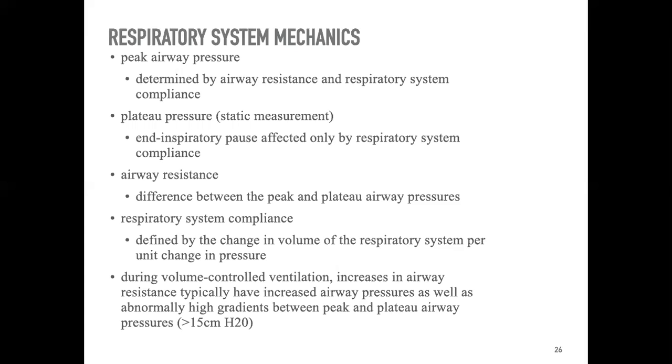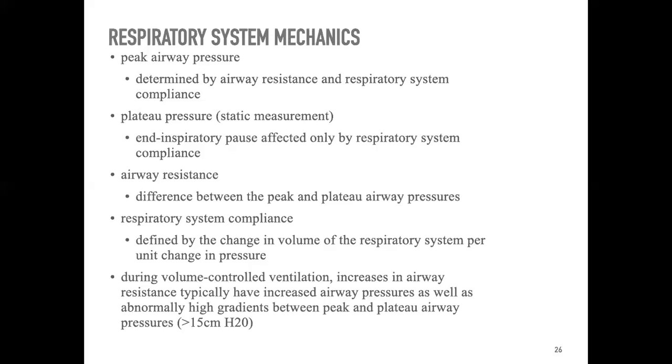So in effect, if you want to determine the airway resistance, it is actually just the difference between the peak airway pressure and the plateau airway pressures. So the respiratory system compliance is defined by the change in volume of the respiratory system per unit change in pressure.